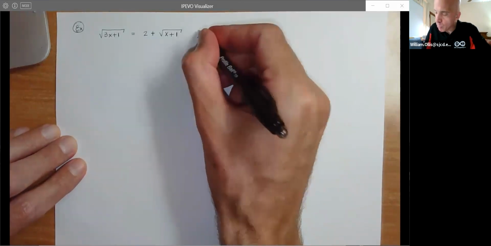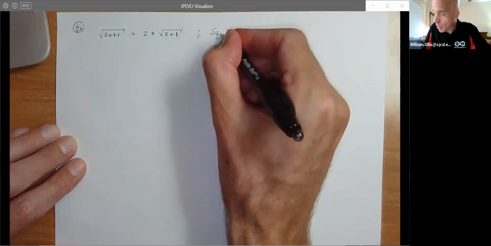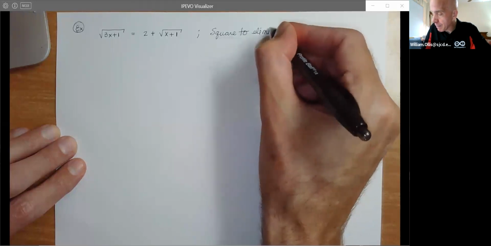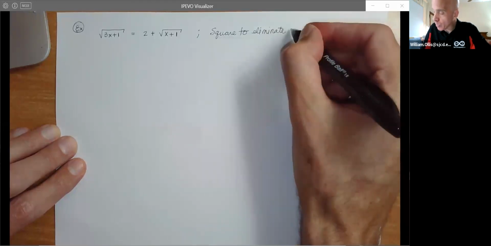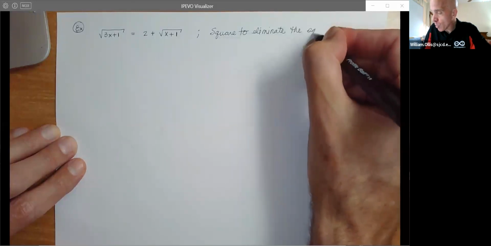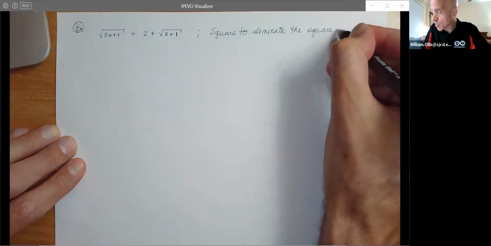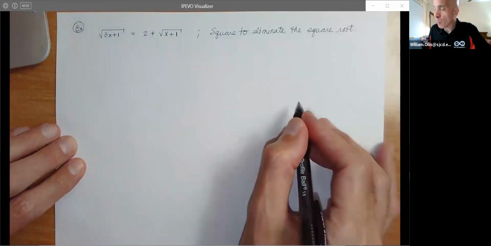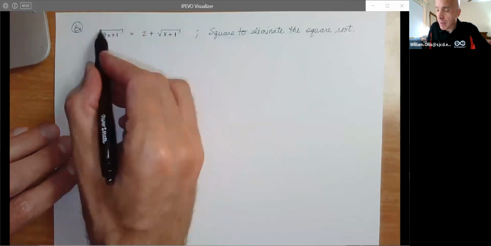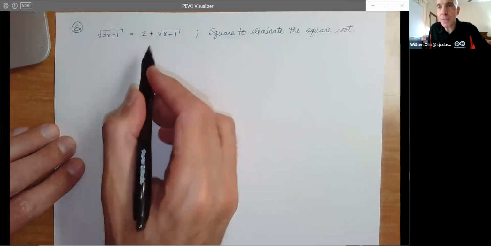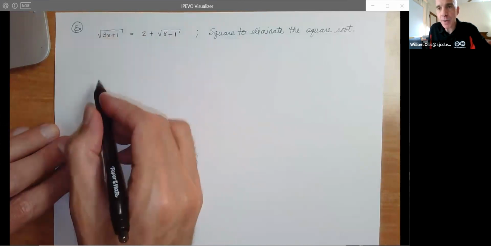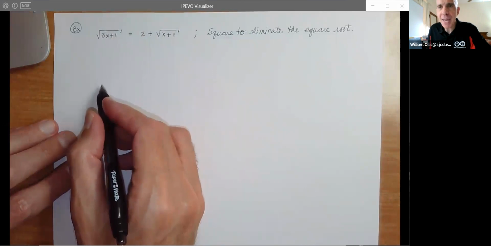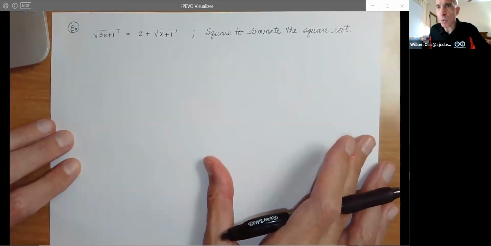So basically, we will square to eliminate the square root. Now, of course, if we had cube roots, we would cube. So again, when there's no index here, we assume it to be 2. Of course, if there were a 3 there, that would be a cube root. So these are things you know, but may again just be something that's a little bit rusty at this point.